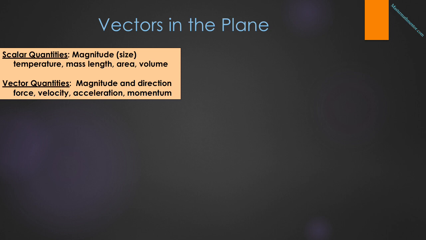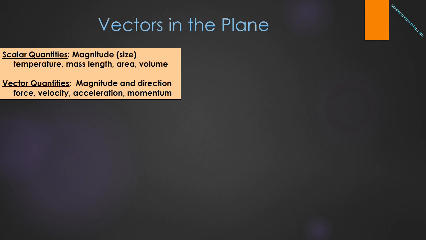The larger the number, the warmer it is. But force, velocity, acceleration, and momentum involve both magnitude, which is the size, and direction, and cannot be characterized by a single number. These are called vector quantities.